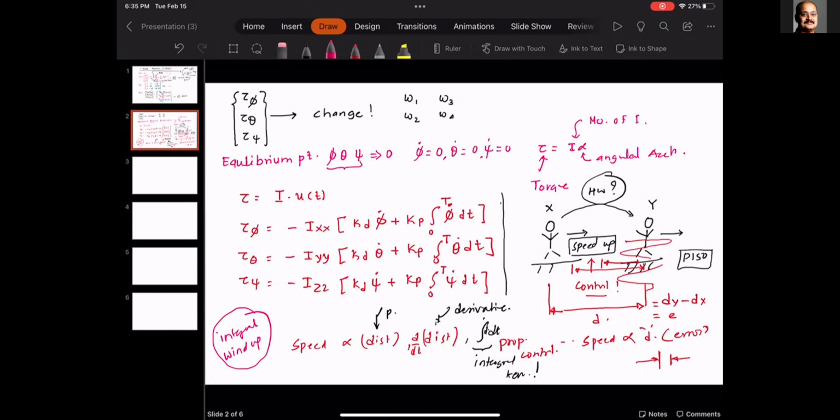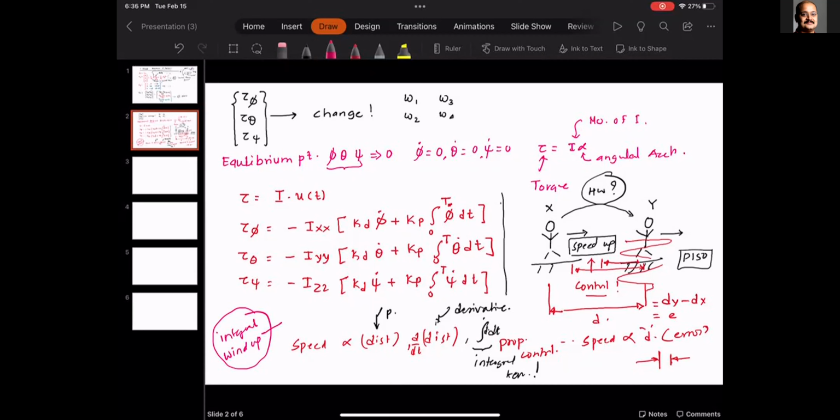I will repeat this once again. If the disturbance is quite high, which means the error is quite high, or you are too far from your set point, or too far from the person that you want to catch up to, and you use your integral term, that controller effort will be amplified, and that is not desired because that would create an overshoot or perhaps make the system unstable. So that is what is called integral windup.